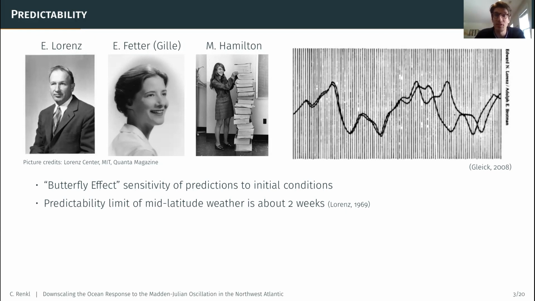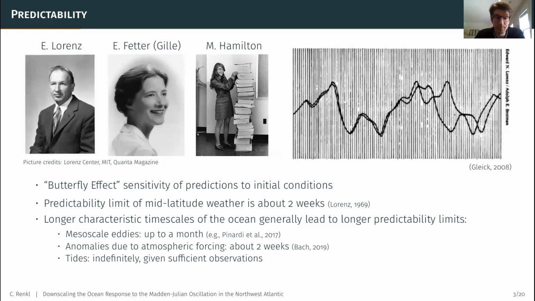Later on, he used these models and postulated that the predictability limit of mid-latitude weather is about 2 weeks. If you look at the predictability of the ocean, in contrast to that, it's generally longer because of the longer lead times, but it clearly depends on what process you're looking at.